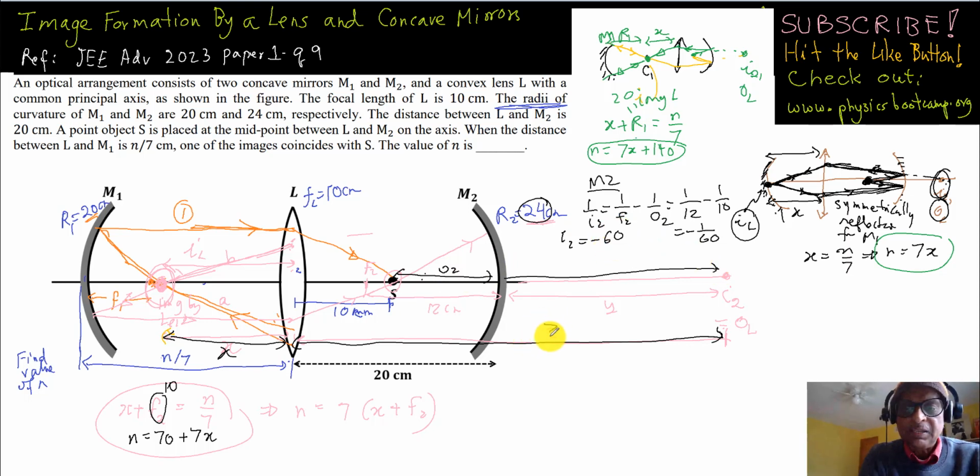So Z, which will be the object distance for the lens, and X will be the image distance of the lens.